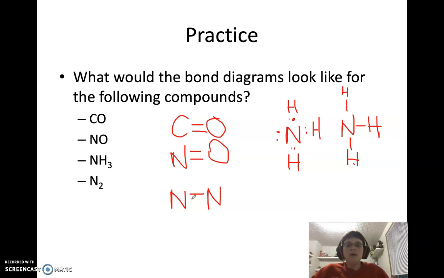So it's going to be 3 bonds in between. And then oxygen, we're going to have O and O. As we saw up here, it's got a maximum of 2 bonds, so we're going to bond it together with 2 bonds.